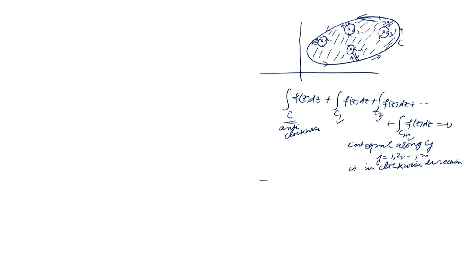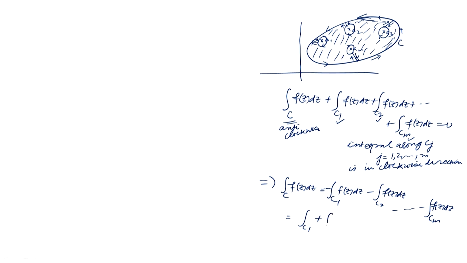So this equation then gives us the integral over C of F(z) dz equal to minus the integral over C1 of F(z) dz, minus the integral over C2 of F(z) dz, and so on, minus the integral over Cm of F(z) dz. So this will give you the integral over C1 plus the integral over C2 and so on plus the integral over Cm of F(z) dz.